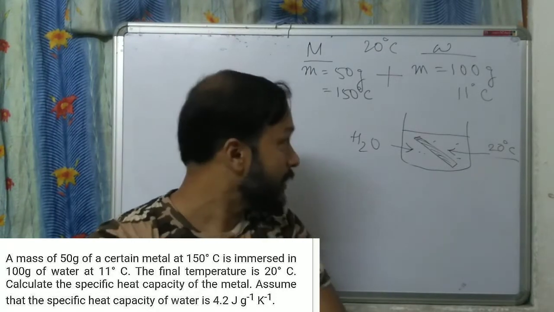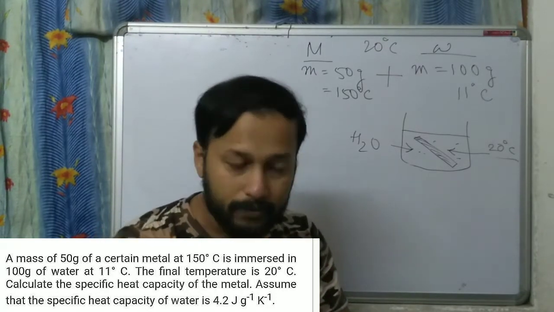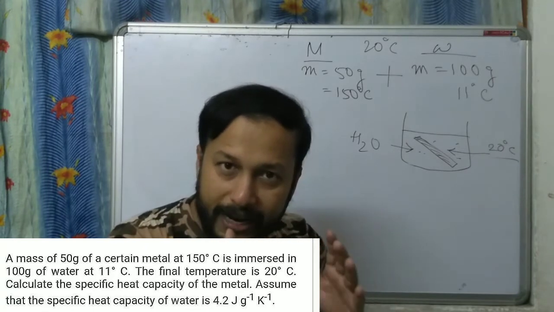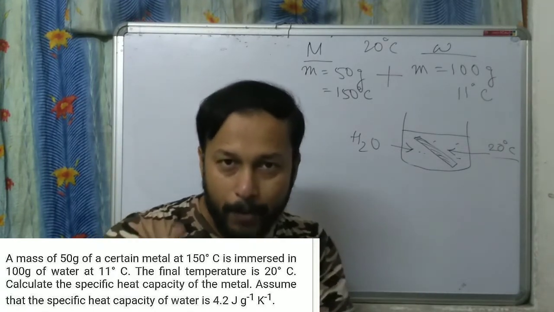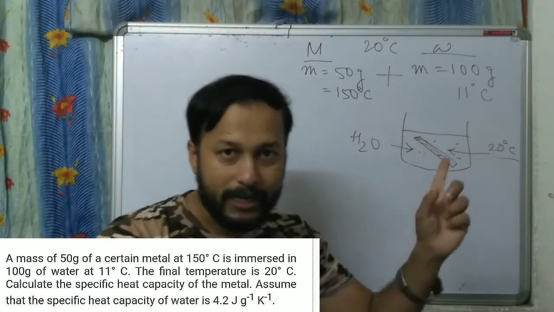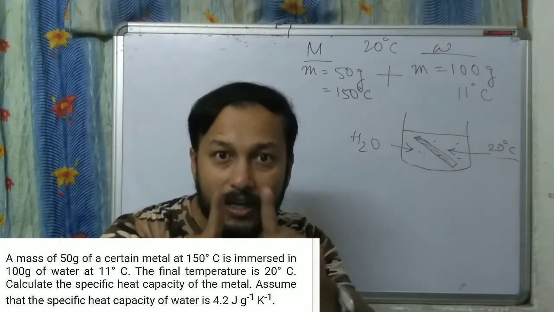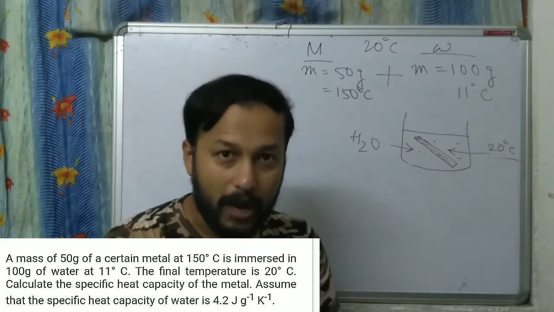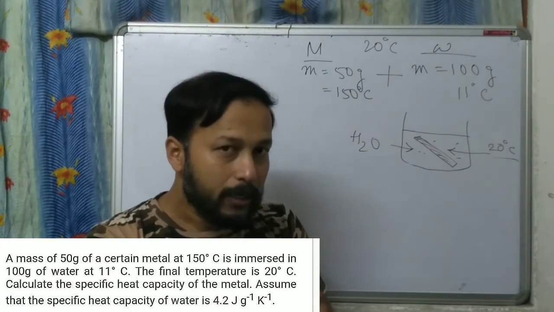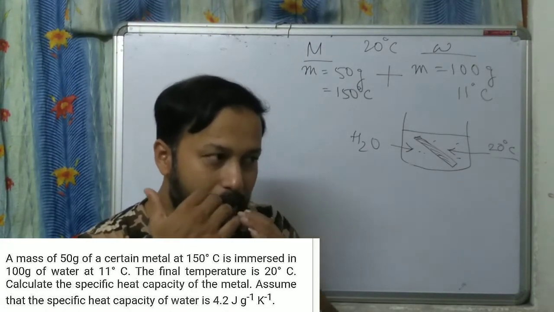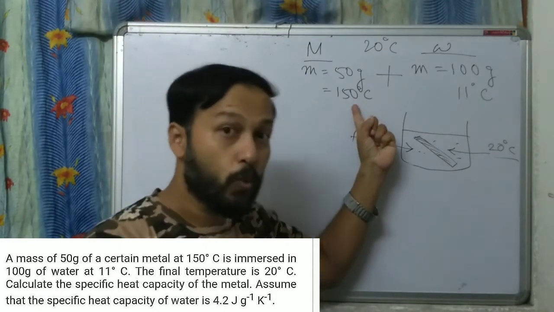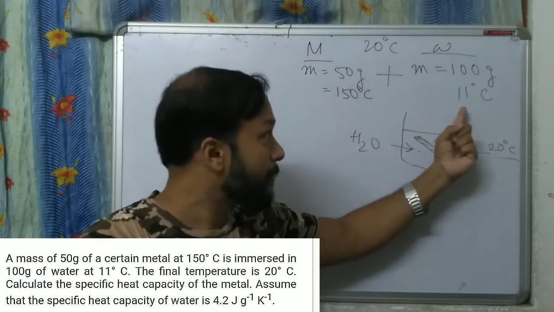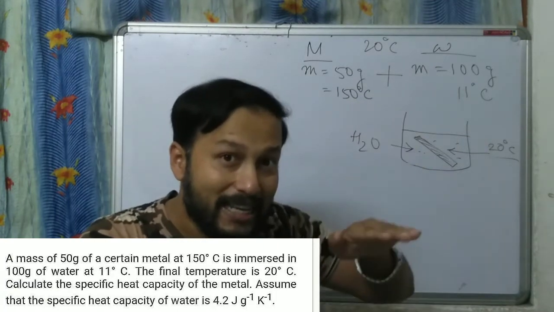Understood? And one more thing, the amount of heat given by the metal and the amount of heat taken by water should be equal here. I repeat. You understood that metal is giving heat because metal is of higher temperature, 150 degrees Celsius, and the temperature of water is less.